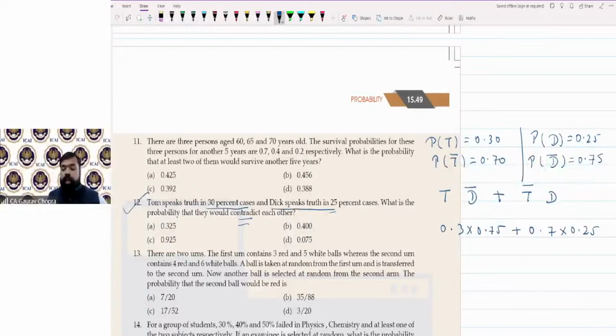Now you can multiply and get the result. Okay, so on multiplication, how much you are getting? 0.325. Yes. So it will be your answer.